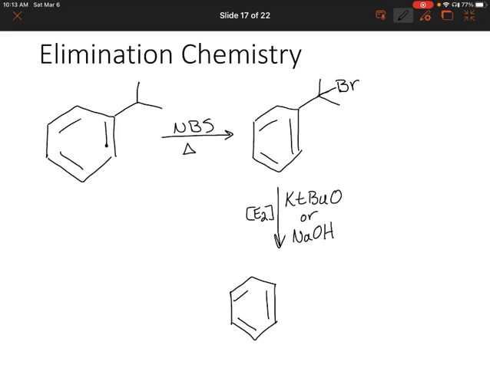You could also use DBN or DBU in place of potassium tert butoxide. That's fine too. All right, so we would get our double bond on one of those methyl groups.